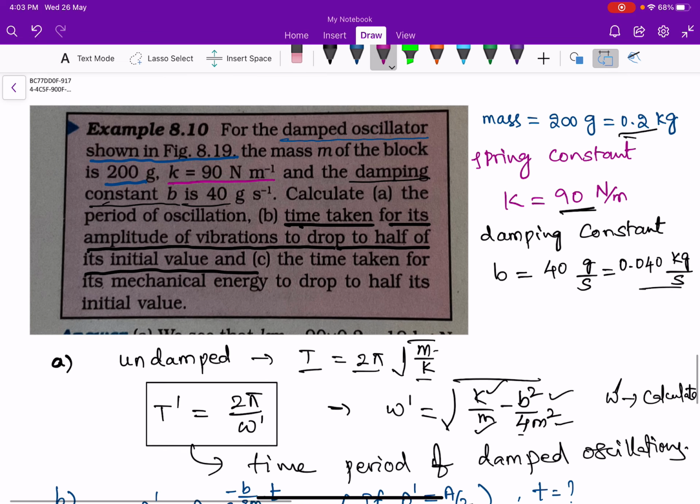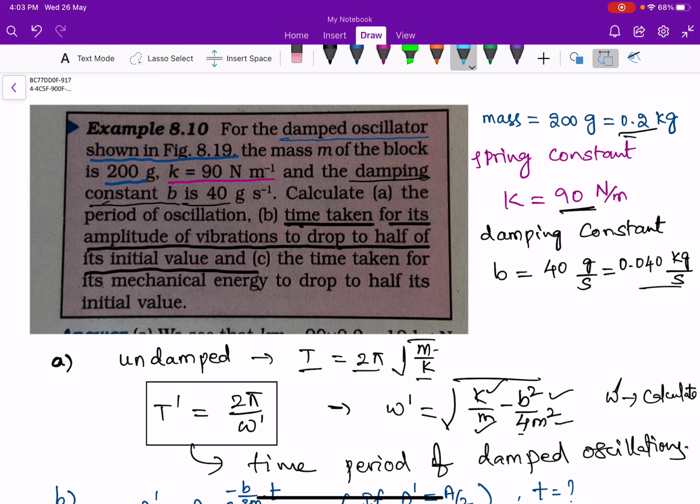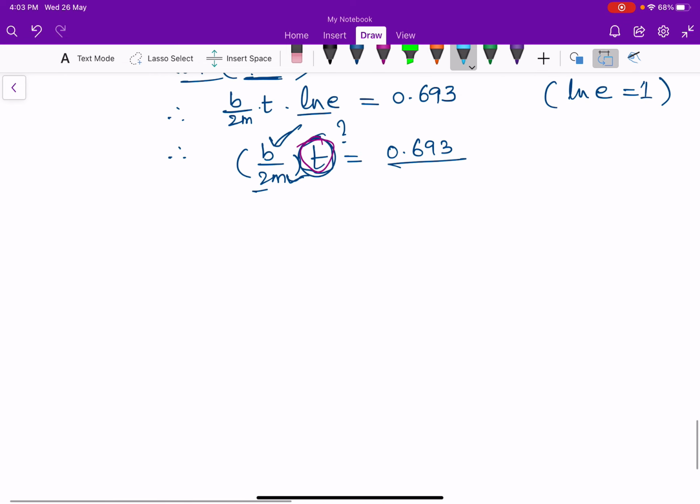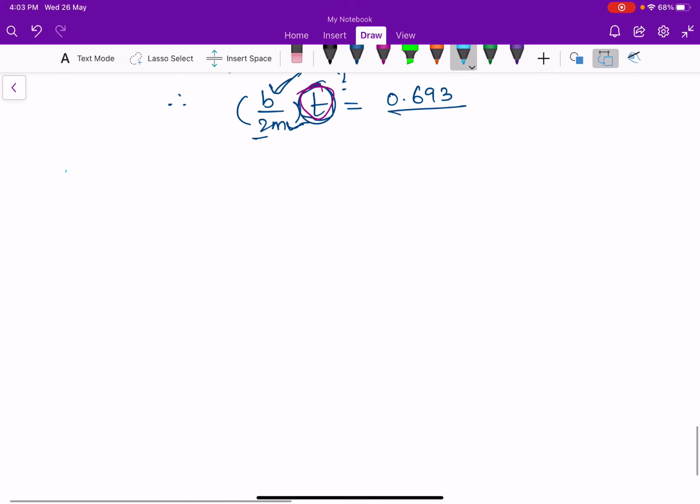In the third case, the C bit, what is the time taken for its mechanical energy to drop to half of its initial value? We know the mechanical energy in the case of damped harmonic oscillations is E dash equal to E naught into e power minus b by m into t.